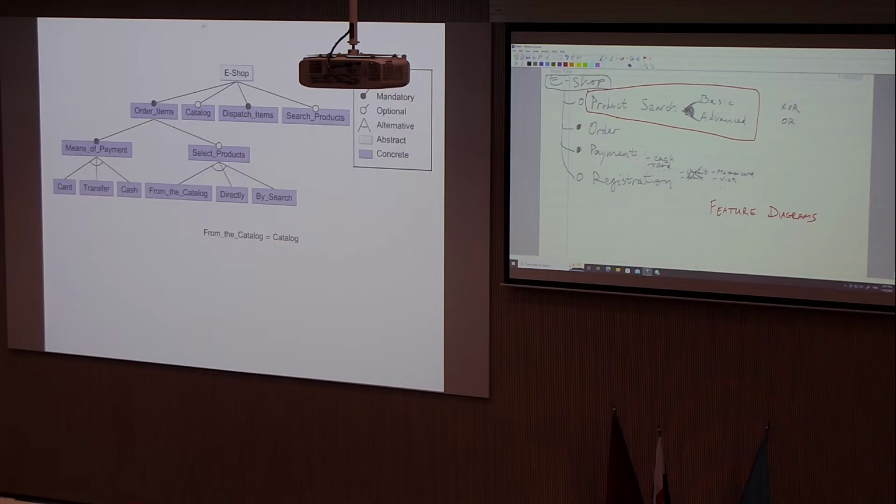And if we look at the diagram, we can see that this is the catalog. I've forgotten about catalog completely. So this is in a way an alternative to search products, but not a real alternative. It's an optional thing. It can be there. It doesn't have to be there. Not even search products have to be there. By catalog, I don't mean really a simple list of products, or maybe I do. I don't know.